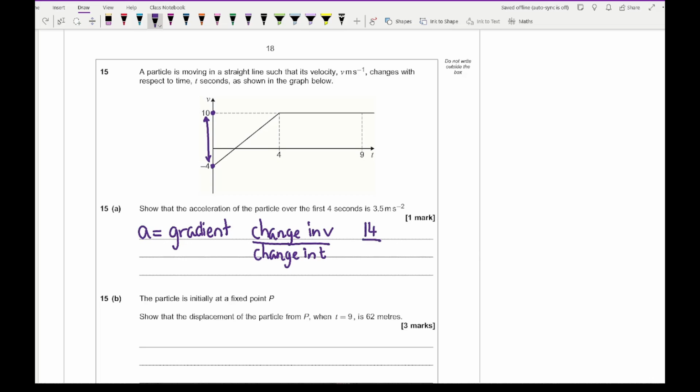And the change in time takes us from 0 seconds to 4 seconds, so that has a time change of 4 seconds. That calculation, 14 divided by 4, is 3.5.